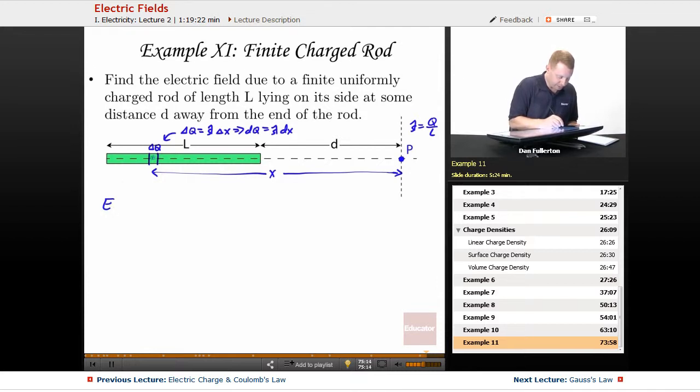So the electric field due to this tiny bit of charge in the x direction is 1 over 4 pi epsilon naught delta q over our distance squared. And with that, I think we're set to start doing our math.